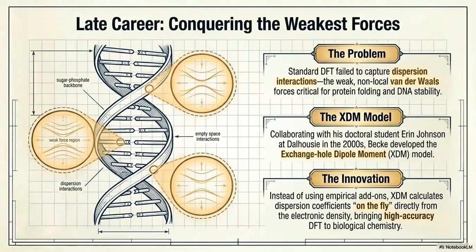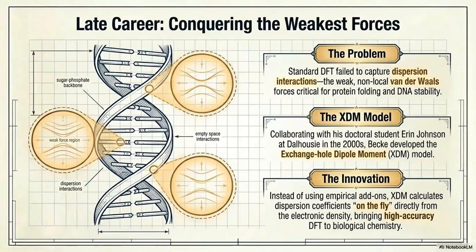This was a masterstroke of late-career innovation. Rather than relying on empirical add-ons, XDM calculates these critical forces on the fly directly from electronic density. By mastering these subtle, non-local interactions, Becke bridged the gap between quantum physics and the complex, biological chemistry that sustains life itself.